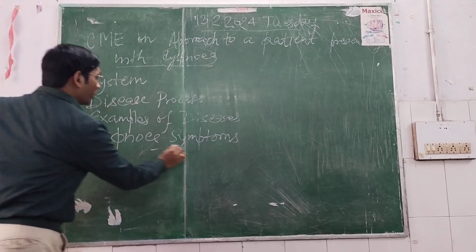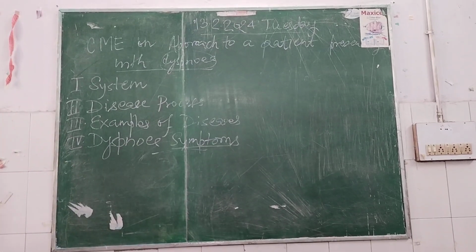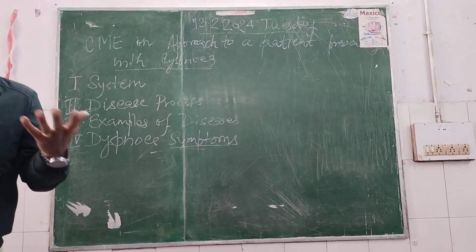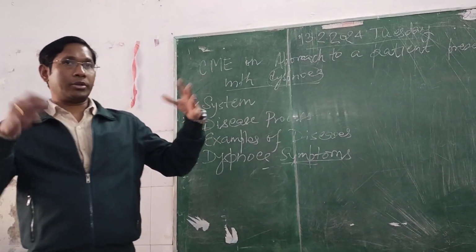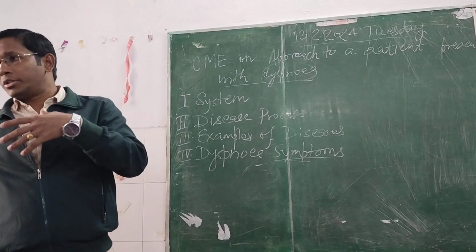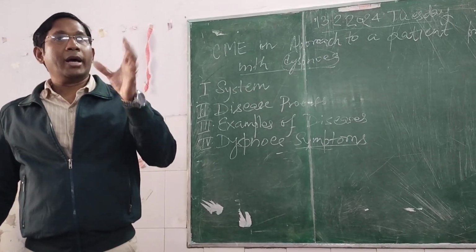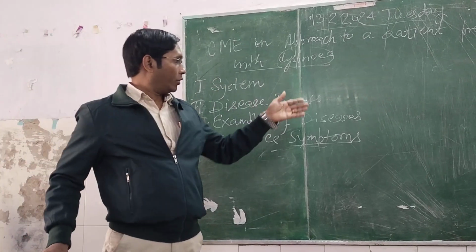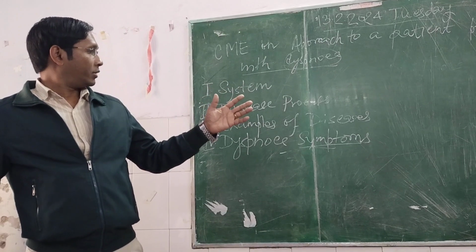So there is a term called dyspnea symptoms. Even tachypnea, increased rate of respiration, is a symptom of dyspnea. Dyspnea is a very collective, subjective word. Increased respiratory drive, air hunger. These I will tell you in a more systematic and simple manner subsequently.